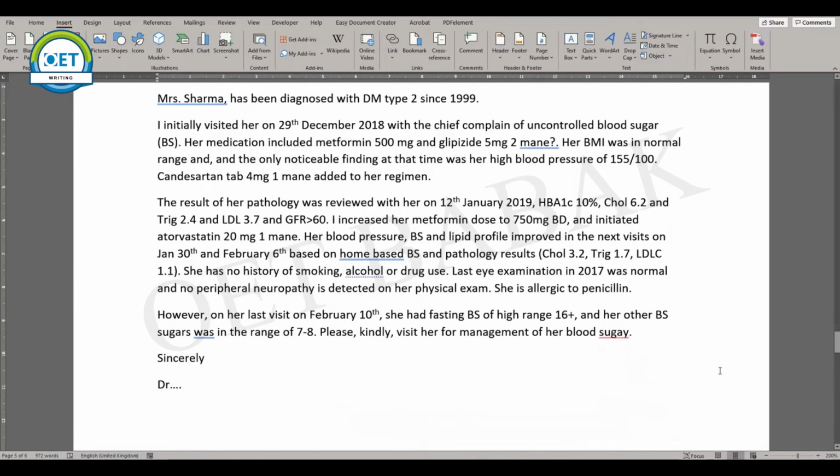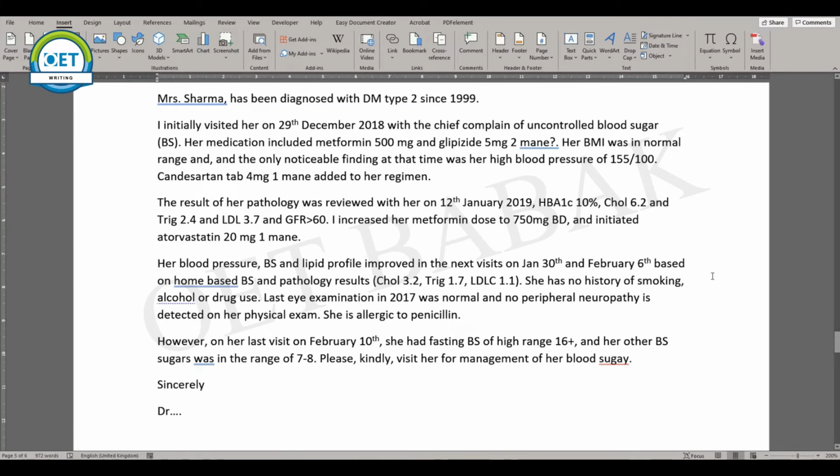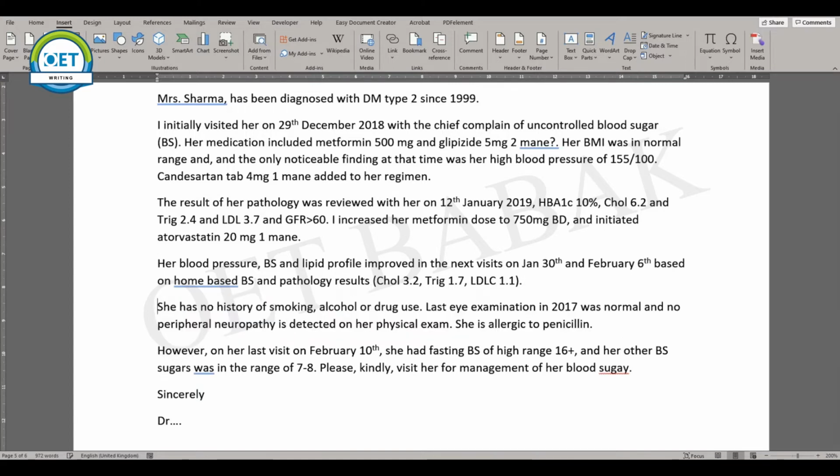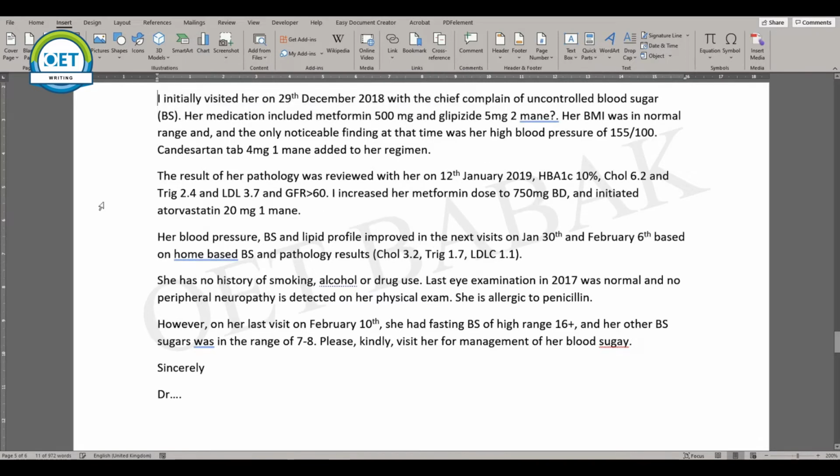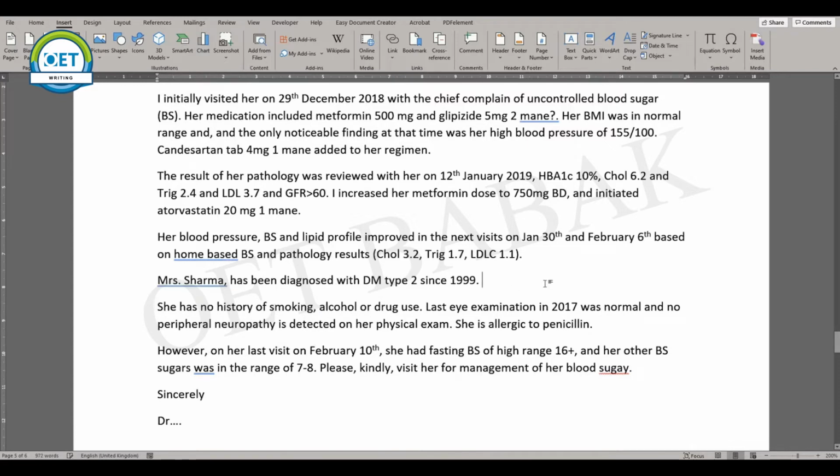Then the result of the pathology was reviewed, and I increased her metformin, and this happened. Then her blood pressure improved. Then we talk about history. So if we put that here.